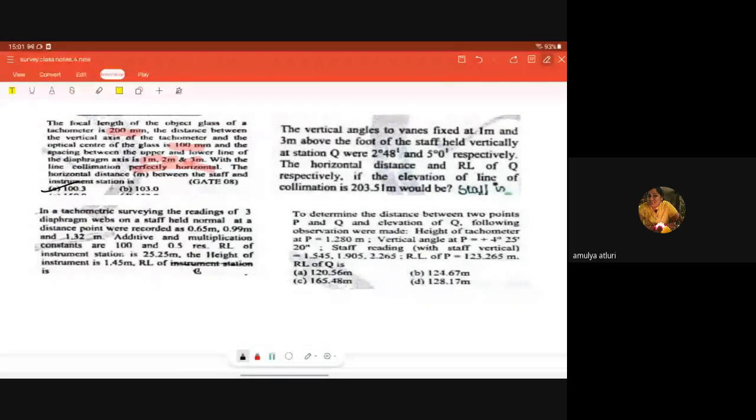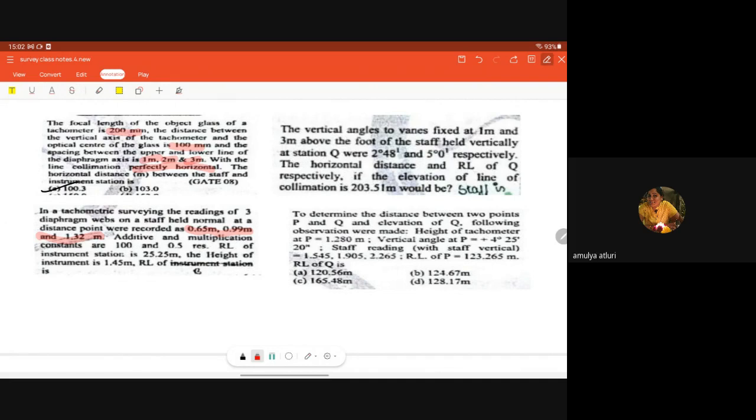Next question. Let's deal with the next question. In a tachyometric survey, the readings of three diaphragm webs on a staff held normal at a point were recorded as 0.65, 0.99 and 1.32 meters.